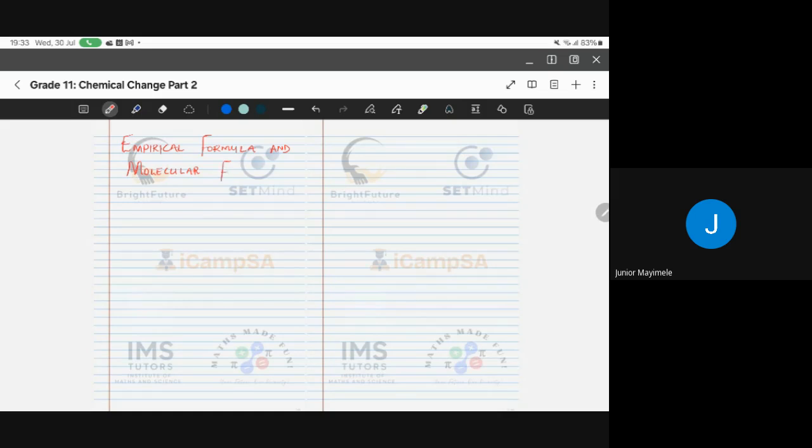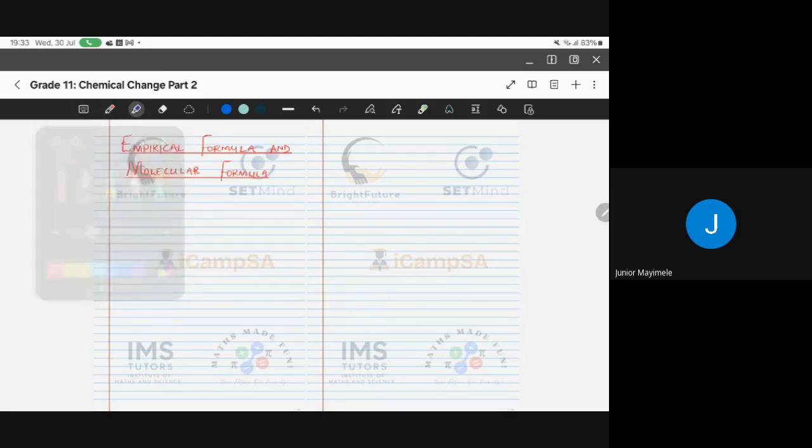Okay, so let's do that fast. Molecular formula. So what's the difference? Right. So the way it works is if you are given a molecular formula, it would look like this.